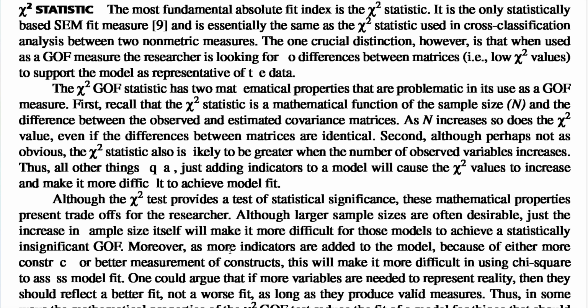Second, although perhaps not as obvious, the chi-square statistic is also likely to be greater when the number of observed variables increases. All other things equal, just adding indicators to the model will cause the chi-square value to increase and make it more difficult to achieve model fit.